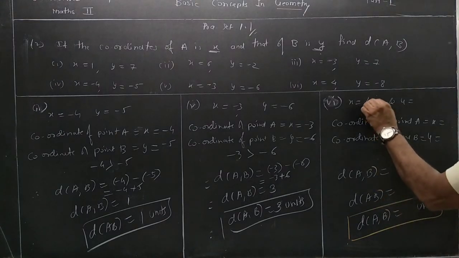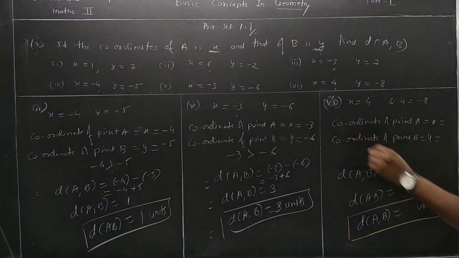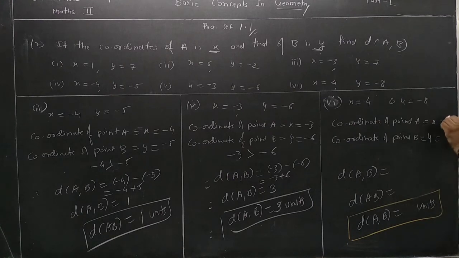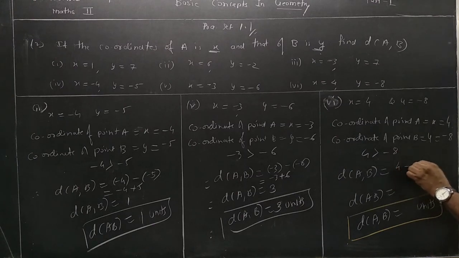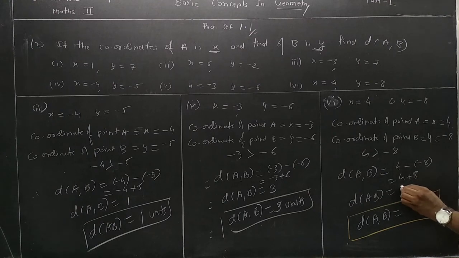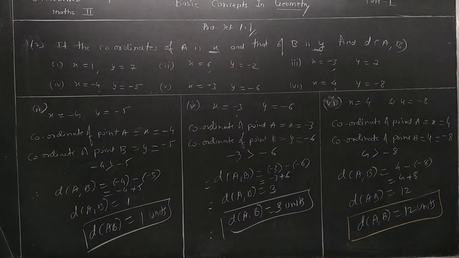Now x is equal to 4, y is equal to minus 8. 4 is greater than minus 8, 4 minus minus 8 is equal to 4 plus 8, which is equal to 12. 12 units is the answer for the last question. Copy it down properly.